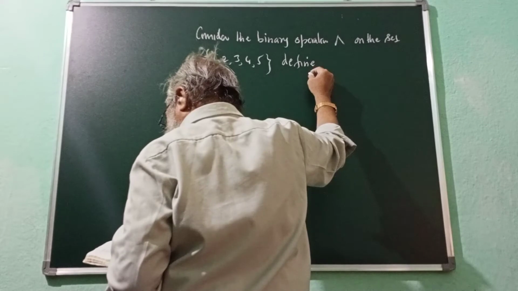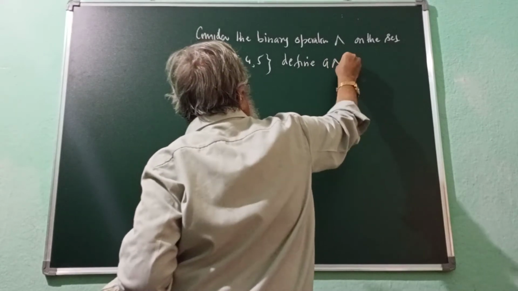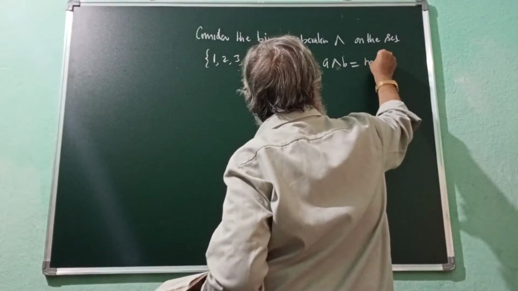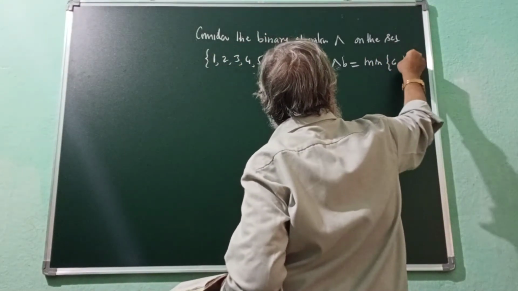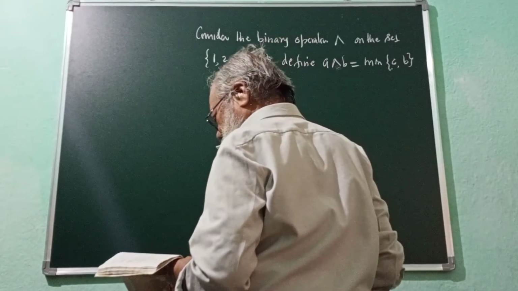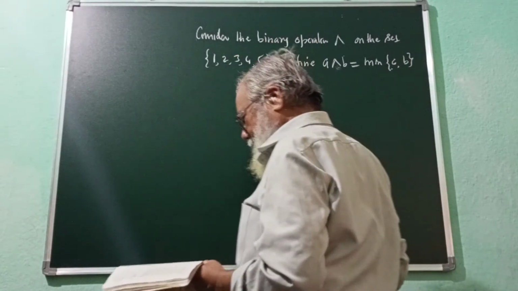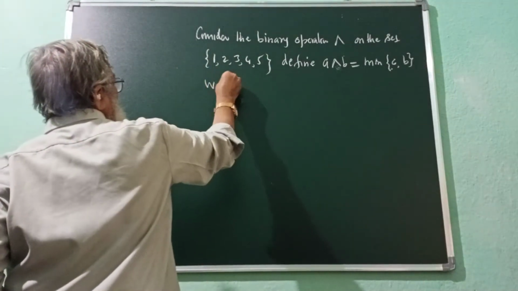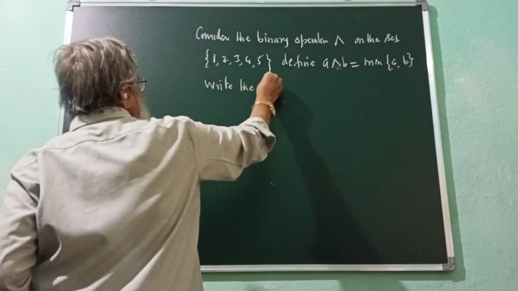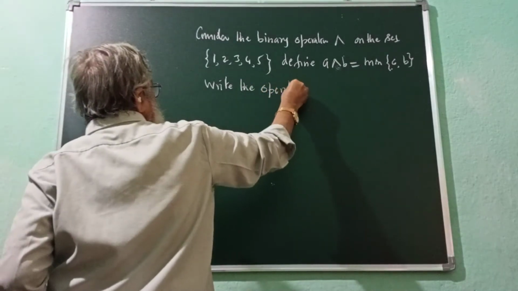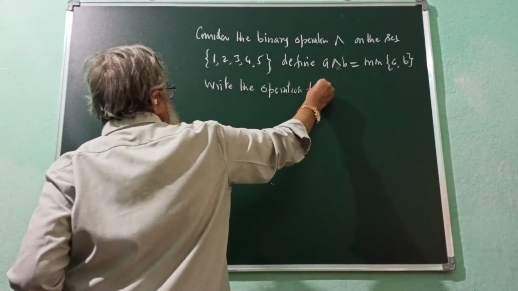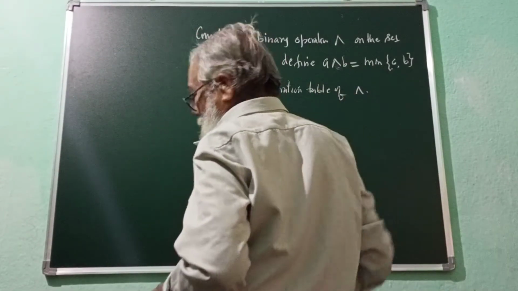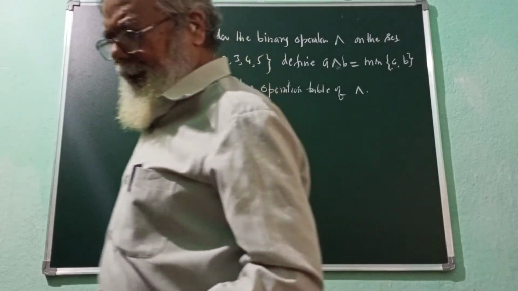Define the binary operation A star B is equal to minimum of A and B. Write the operation table of this binary operation.